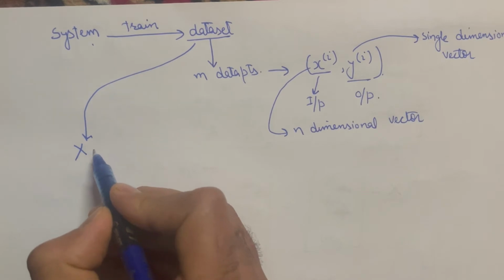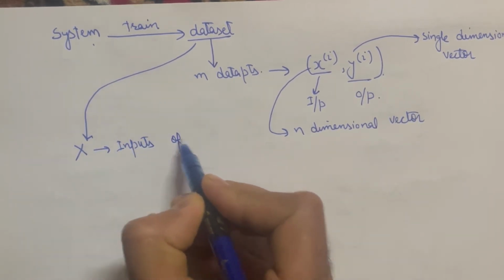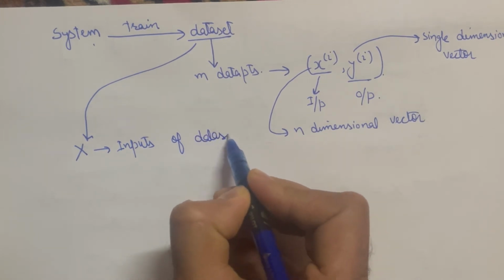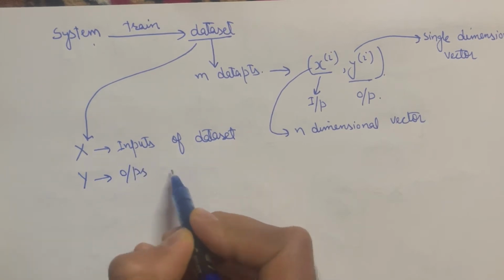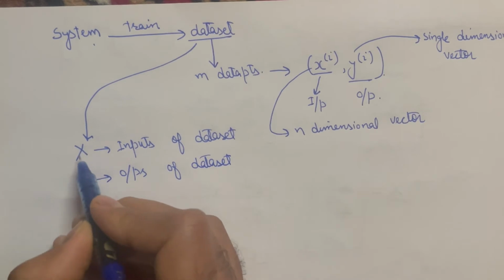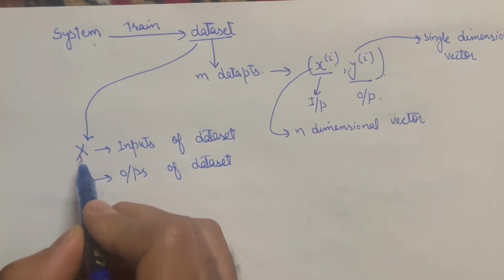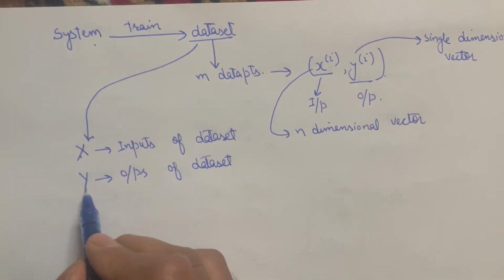X contains inputs of the data set, and Y contains outputs of the data set. So the first row of X will denote the features of the first data point, and the first element in this y column will be the output of the first example.